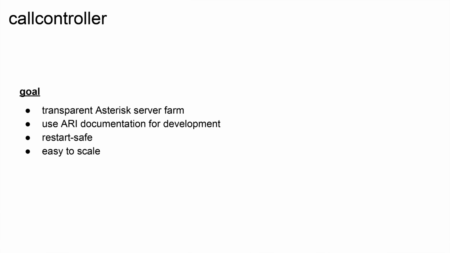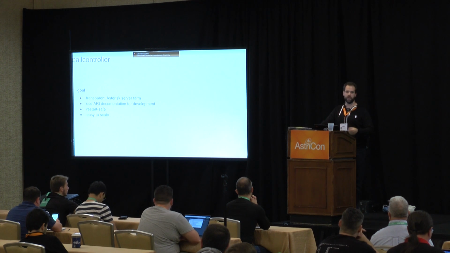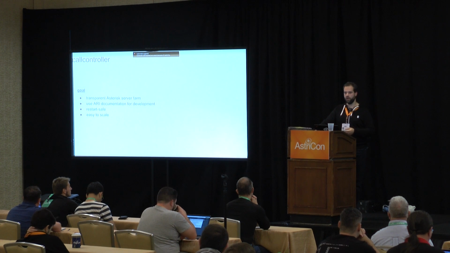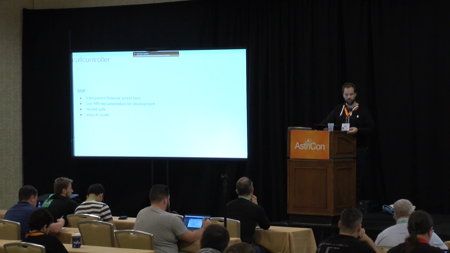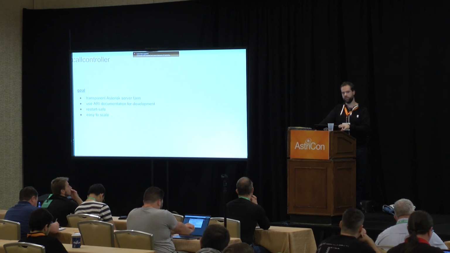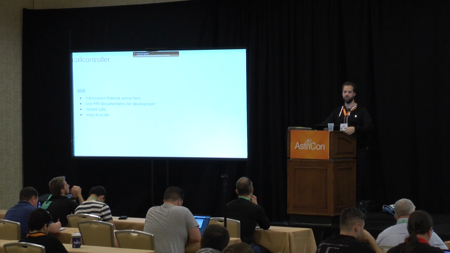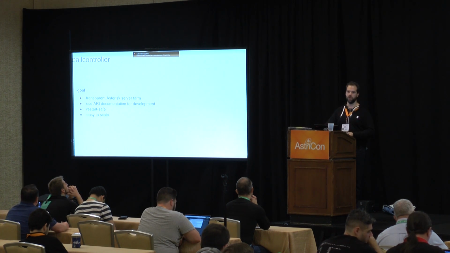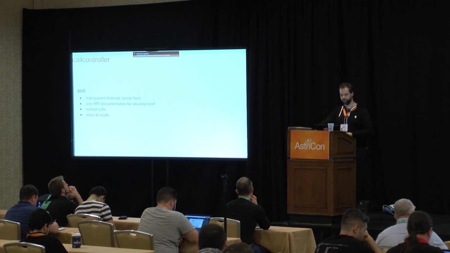Then we want to be as close as possible to the ARI documentation. The ARI documentation is pretty good. I don't know how many of you have had a look in there. So quite a few. As long as we stick to the ARI documentation for everything we do, a developer can just look up what they need for a command, or how to form the JSON body, whatever.